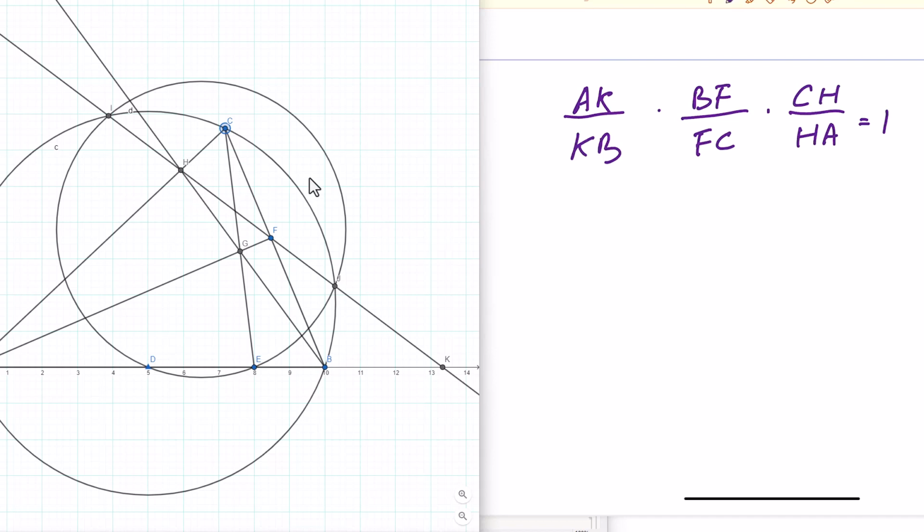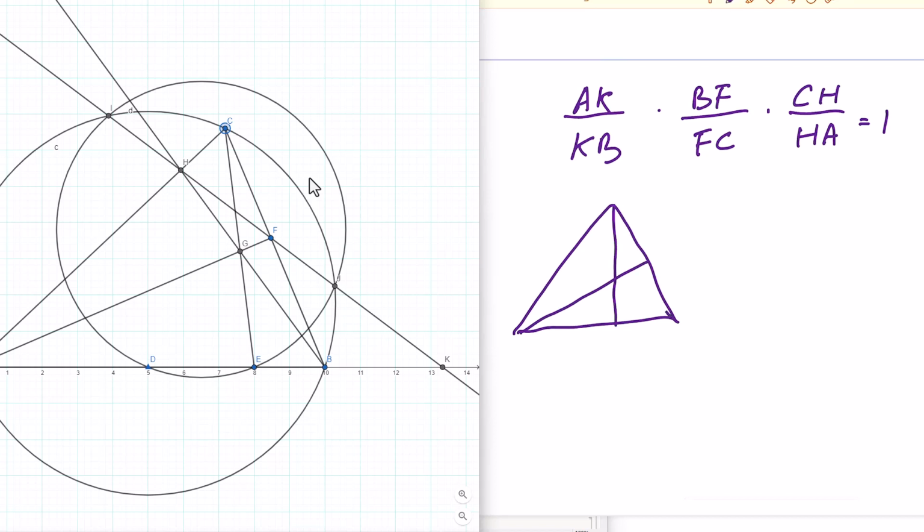You have this is E, A, B, and this F, H, C. And in this case, we use a sister theorem of the Menelaus theorem. It's called the Ceva theorem.